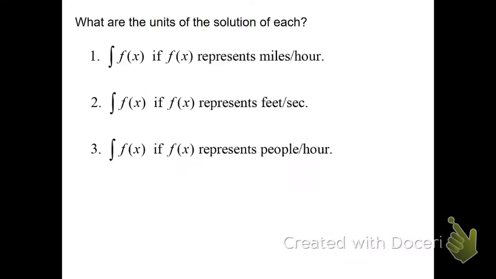Okay, now let's talk more about what the integral actually represents in the real world, okay? If they give you a rate, a derivative is a rate. Focus on the units. If they give you miles per hour as the equation, or f of x, and they ask you to integrate it, then what you're finding is total miles.